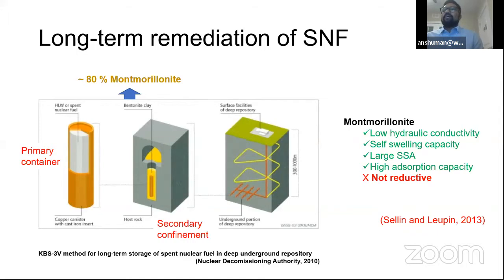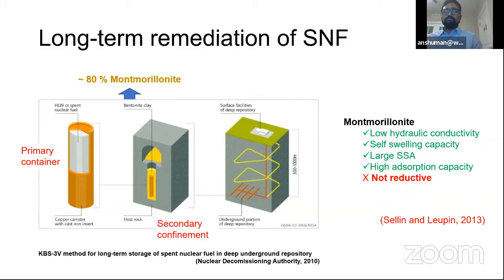And that material is basically clay. Here we are going to talk about one particular clay, which is called Montmorillonite. Montmorillonite is known for low hydraulic conductivity, very high self-swelling capacity, so it can pack very well on its own. It has large specific surface area and high adsorption capacity.